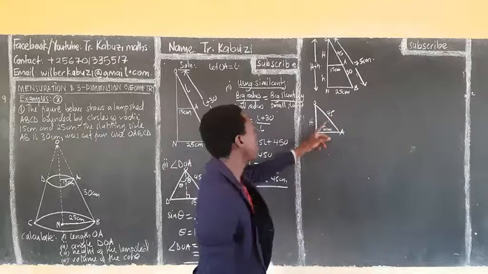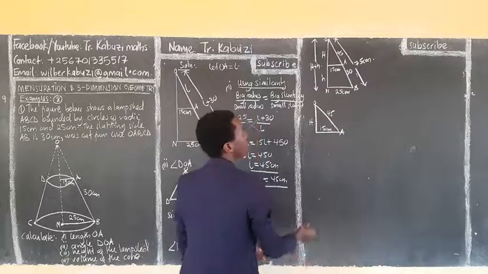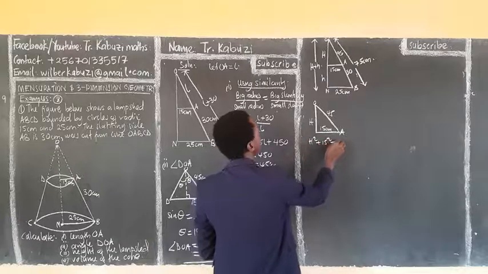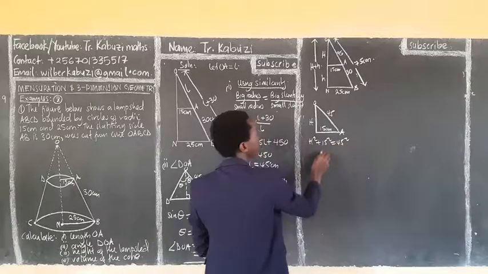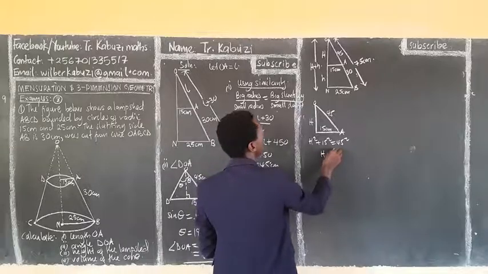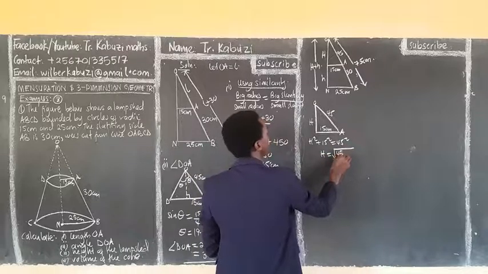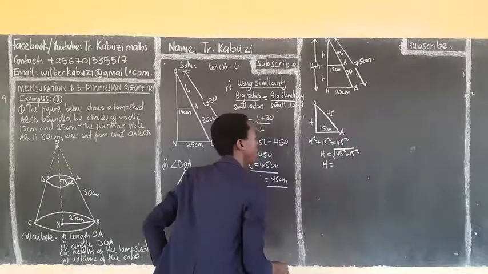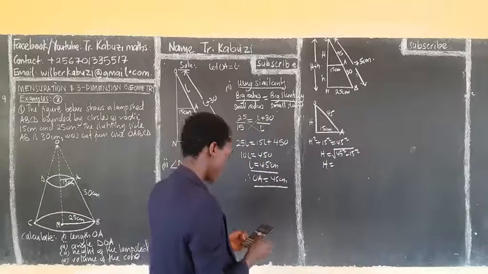First of all, I can get this. How am I going to get this? Using Pythagoras. So, H squared plus 15 squared is equal to 45 squared. So now my H is going to be the square root of 45 squared minus 15 squared. Press that on the calculator.